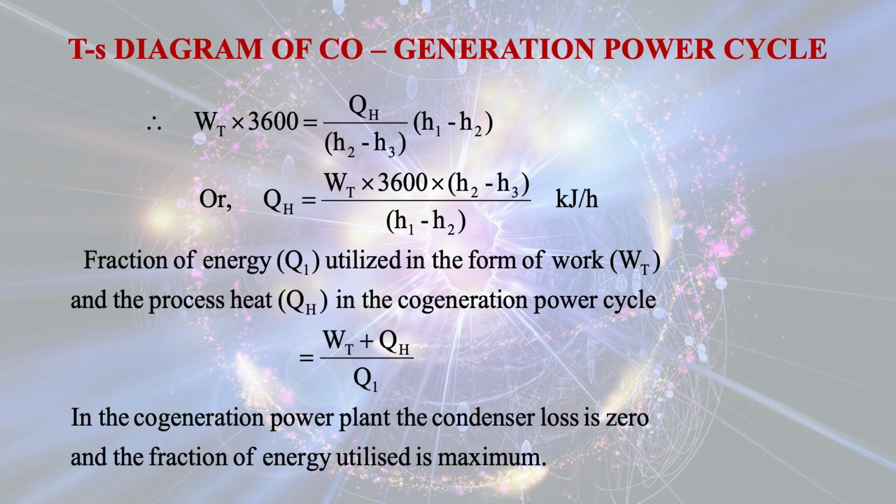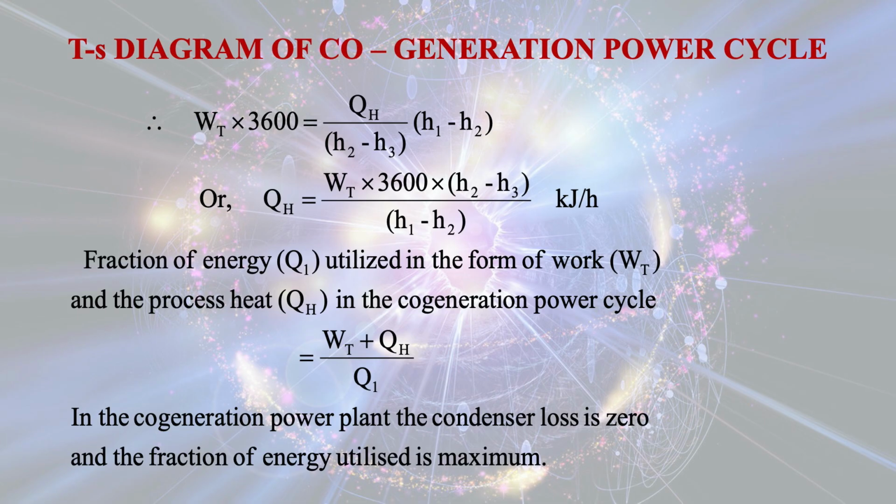QH equals WT multiplied by 3600 multiplied by (H2 minus H3) whole divided by (H1 minus H2). Fraction of energy of Q1 utilized in the form of work WT and the process heat QH in the cogeneration power cycle equals (WT plus QH) whole divided by Q1.